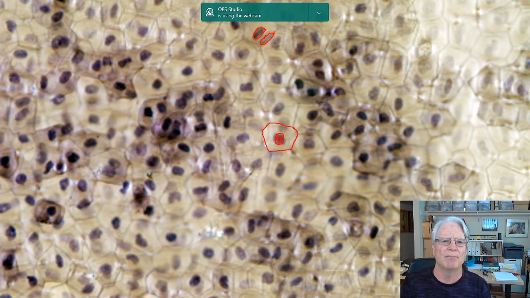So this is not actually multi-layered. It is in fact a single layer, but because of the way it was prepared, they turned it into a multi-layered affair, and you can see the little ghosty nuclei under the first layer. If this were prepared properly, you would not see that.